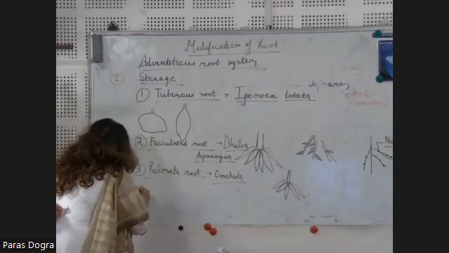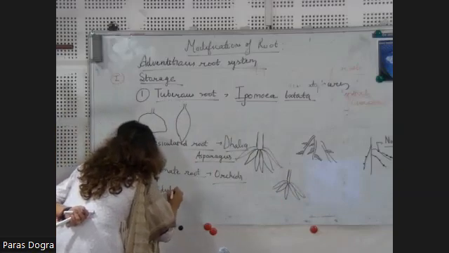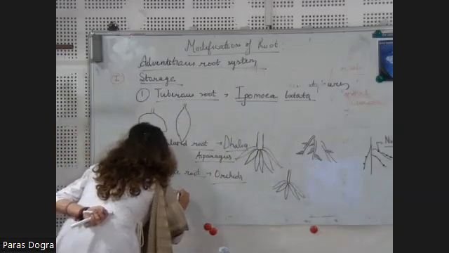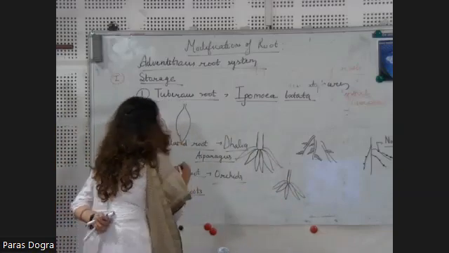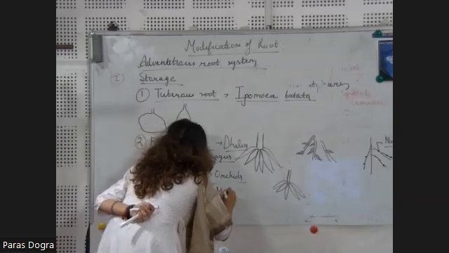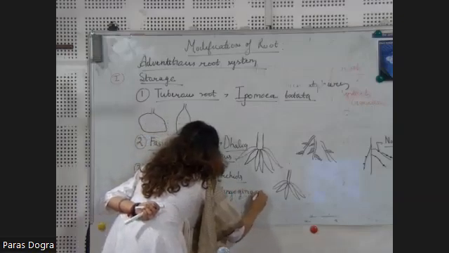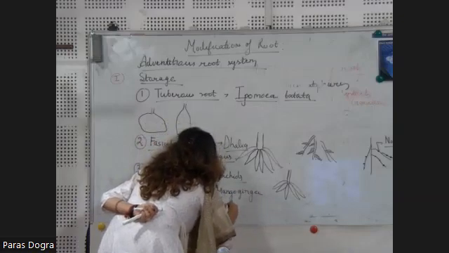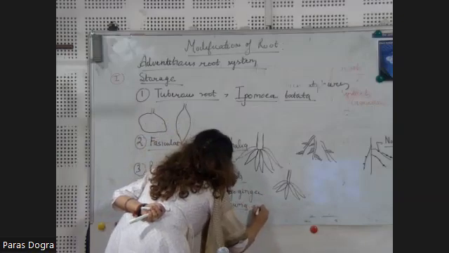Okay, then next is nodulose roots. Such kind of roots are found in mango ginger, which is botanically called Curcuma amada.